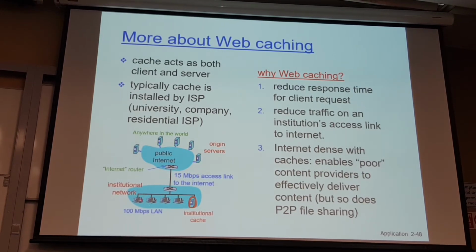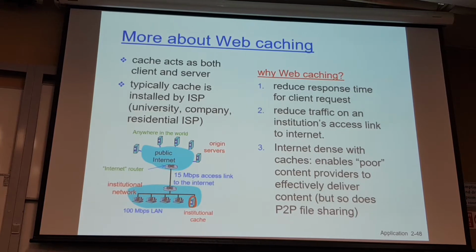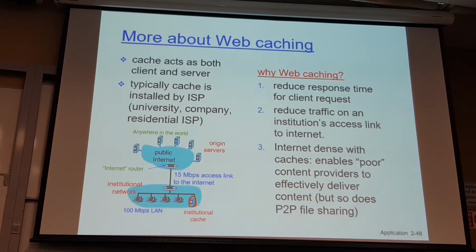Now, every time a client wants to retrieve some object from the public internet, without the web cache, that request will have to go through this bottleneck link, and it's going to take a significant amount of delay for that object to be retrieved. So using a web cache, we will see that it can help reduce the response time to satisfy an HTTP request.